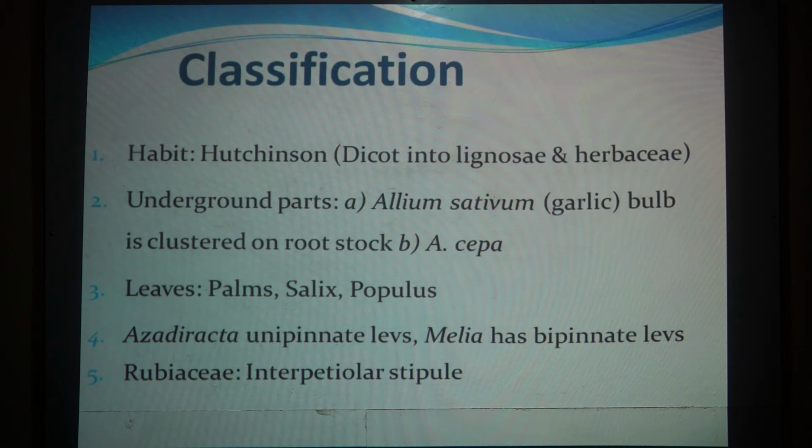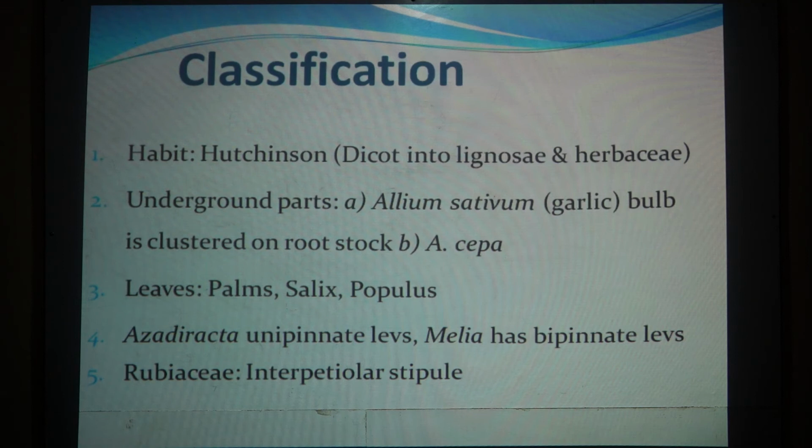We all know the artificial system of classification proposed by Linnaeus, and we know that Linnaeus is the father of taxonomy, or father of modern botany, while the father of botany is Theophrastus.